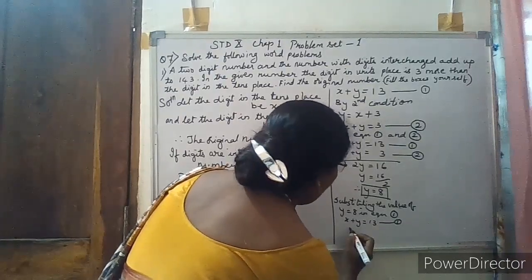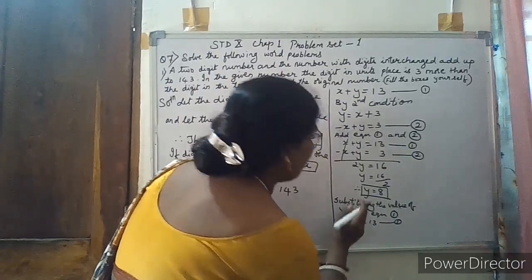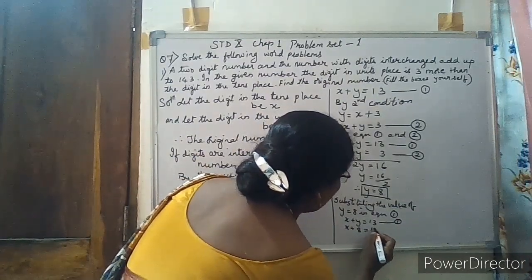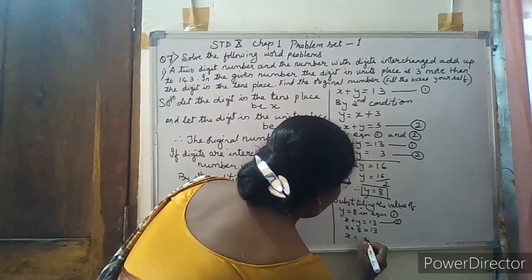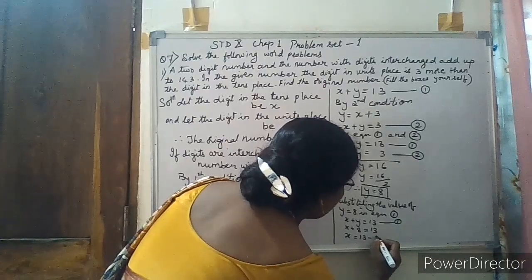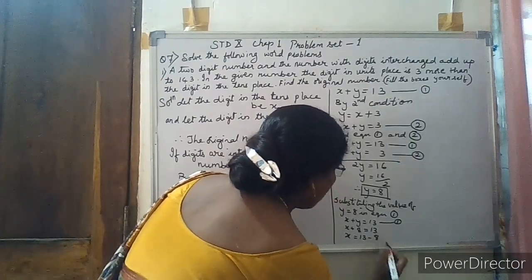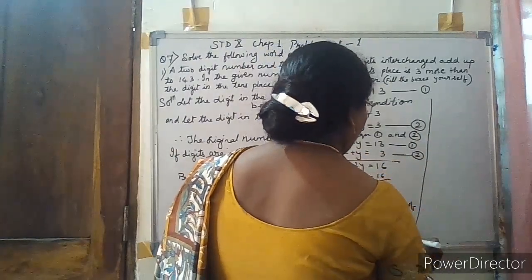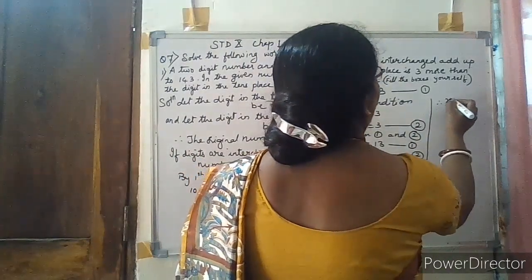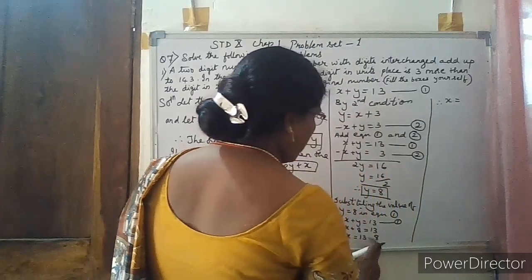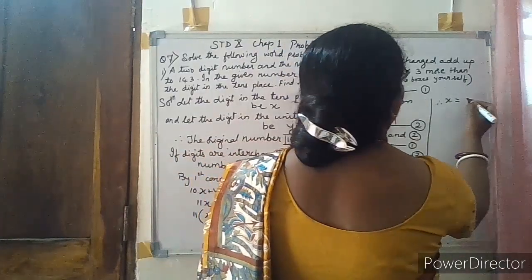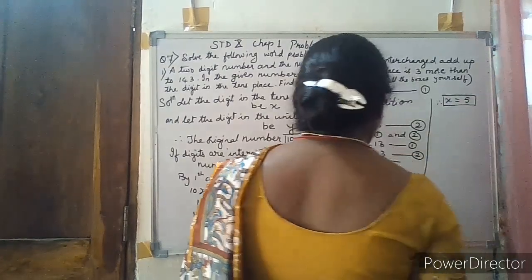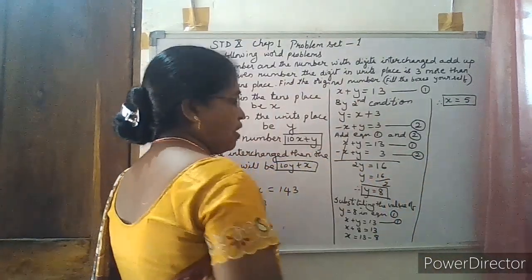So we got y value is equal to 8. x plus 8 equal to 13. So x is equal to 13 minus 8. Therefore x value is equal to 13 minus 8, it is equal to 5. We got x value equal to 5 and y value is equal to 8.